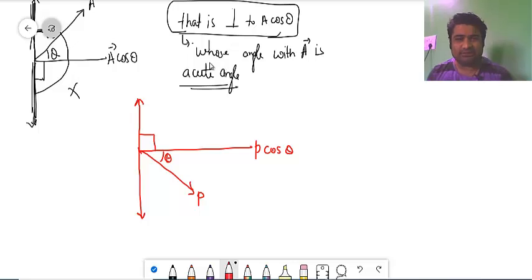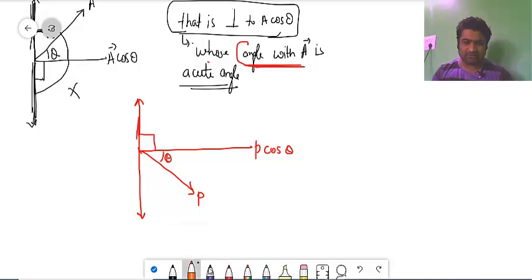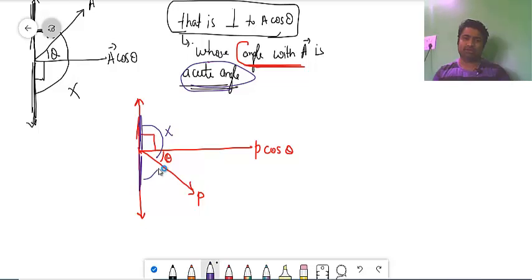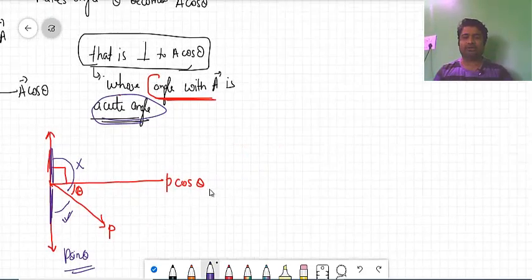The second condition is you should choose that line which makes an acute angle with the vector. Is this an acute angle? No. Is this an acute angle? Yes. So this one you will take as P sin theta. Understood? Let us take one more example.